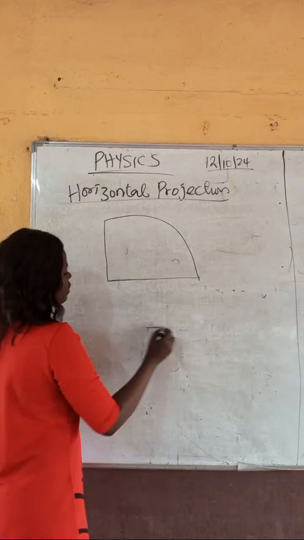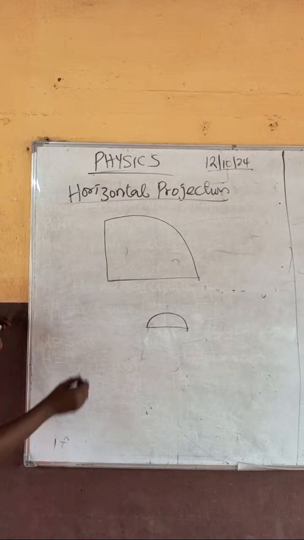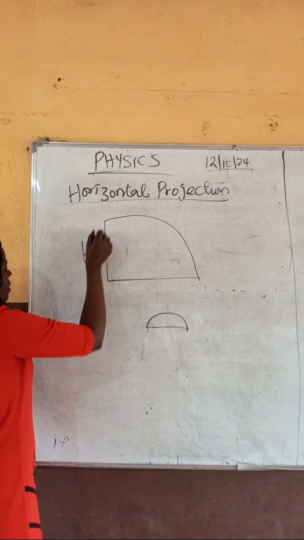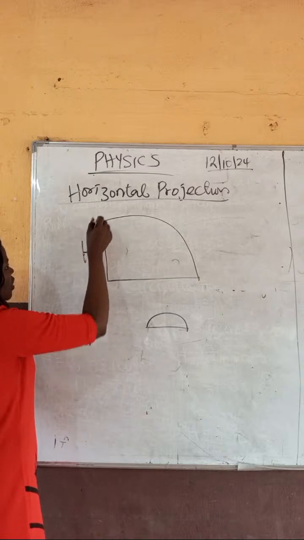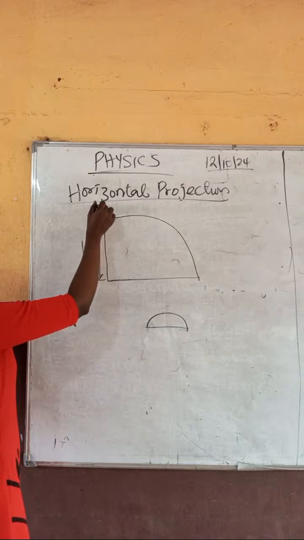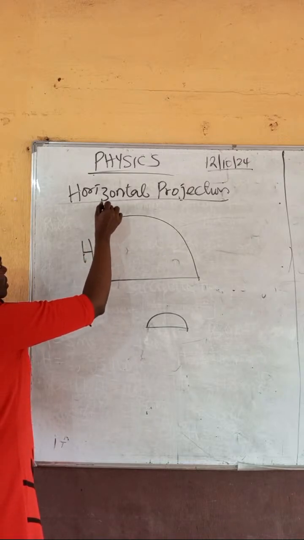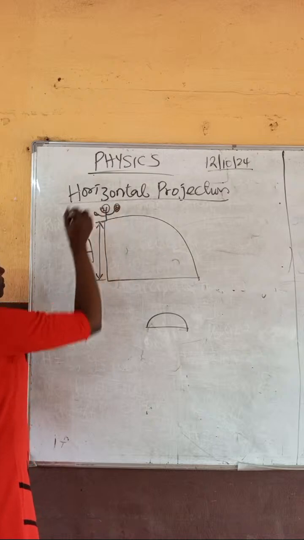The normal projection becomes from here to here, right? But for horizontal projection, you must be on a certain object that has height, so that we consider the height of the tower, the object. The person that wants to project the object is here.